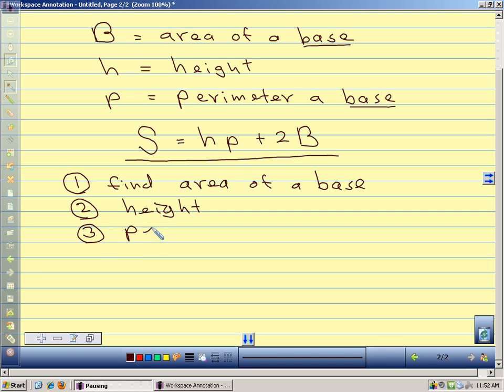We need all three of those things to use our formula. If you find all three of these things, then you can use your formula. Sometimes they'll give them to you in the problem. Sometimes you have to use other things that you already know to find these things. So let's look at an example. Is everybody good with the formula?